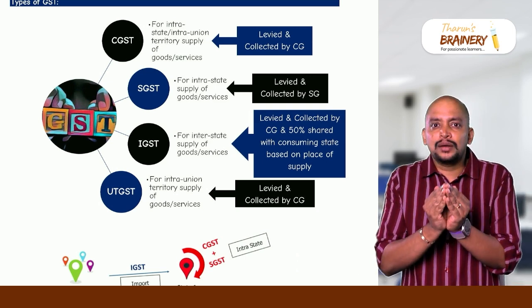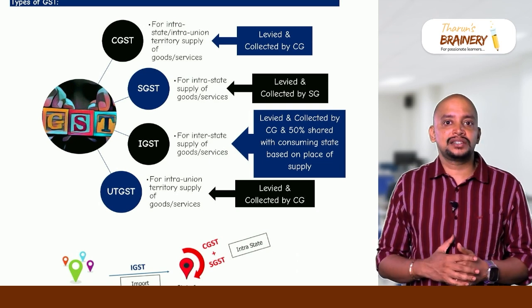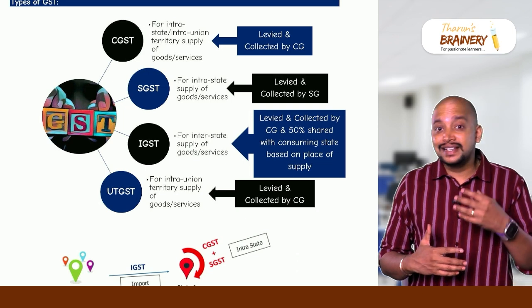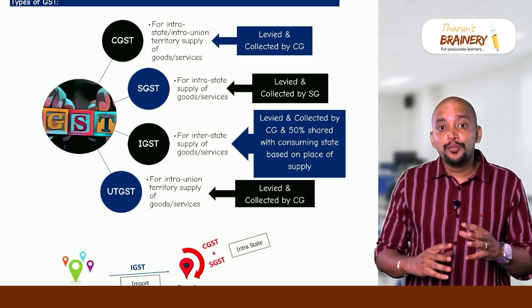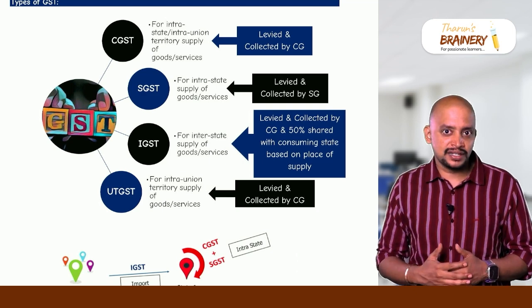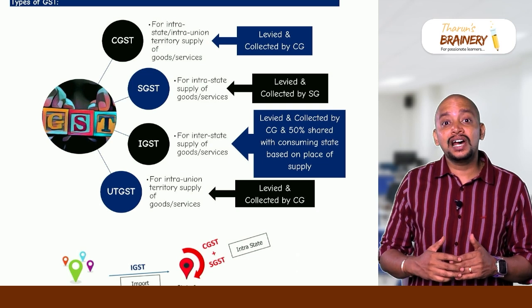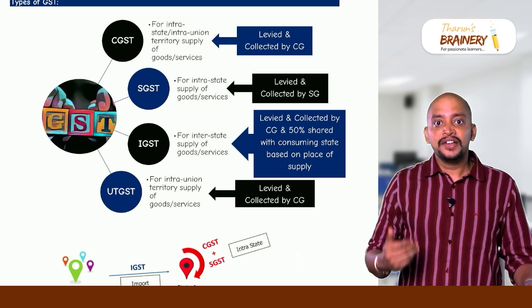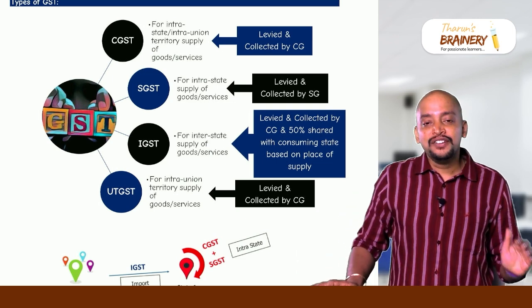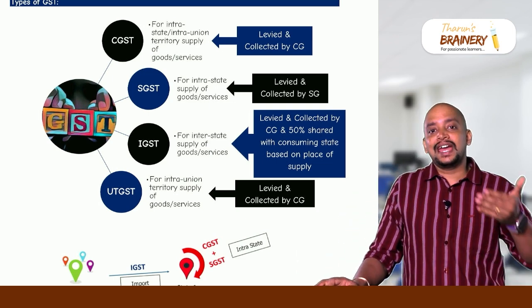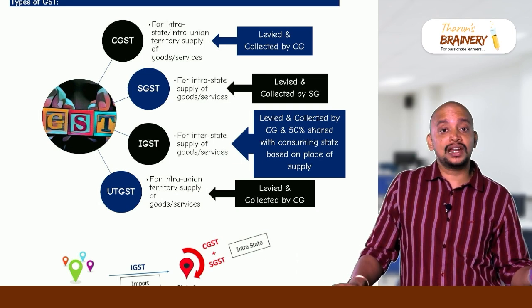How will there be a disadvantage? Let's take Tamil Nadu, then Maharashtra, Gujarat and Karnataka as examples. In these states, a lot of production happens. These are producing states, whereas the other states are consuming states, wherein whatever goods are manufactured in Tamil Nadu will be consumed in Kerala, Andhra Pradesh, Telangana, even Karnataka.